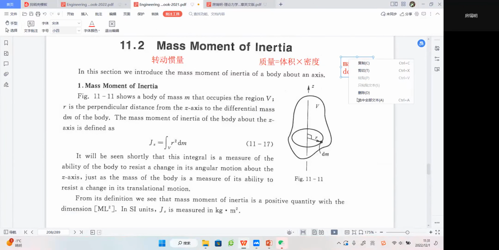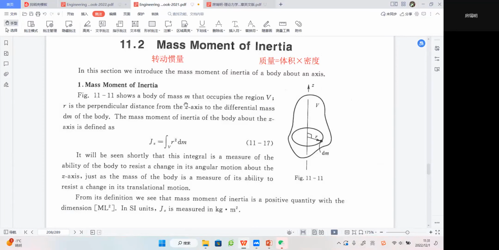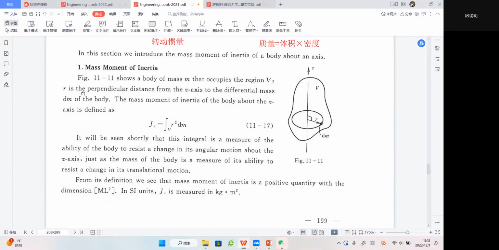Okay. So r is the perpendicular distance from the z-axis to the differential mass dm. You guys please try to follow me, try to listen to me. If we arbitrarily select a very, very small part from this body, let's say it has a mass dm, because it is small enough, just like a point.